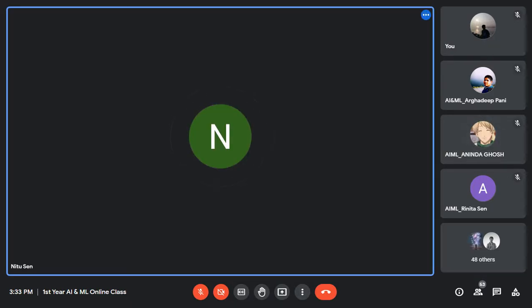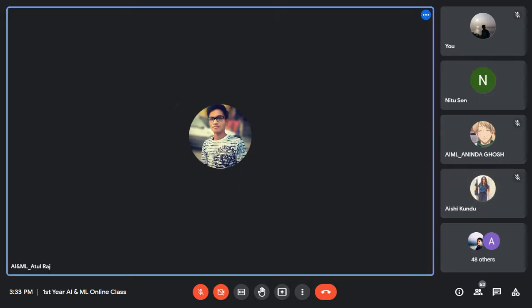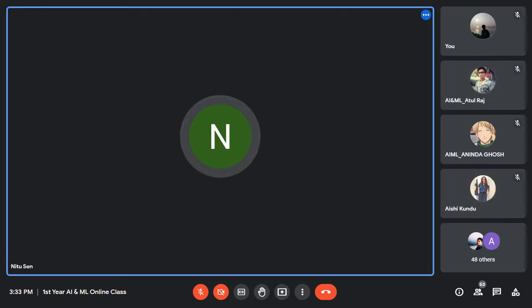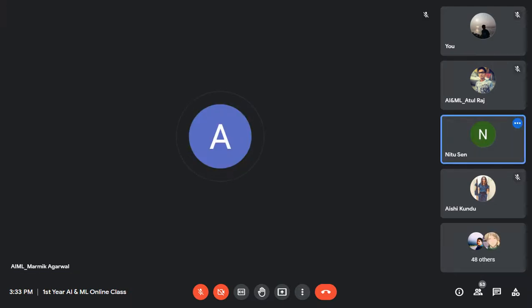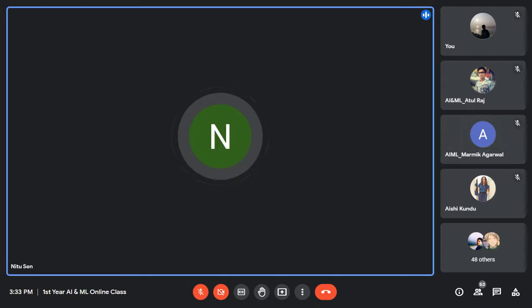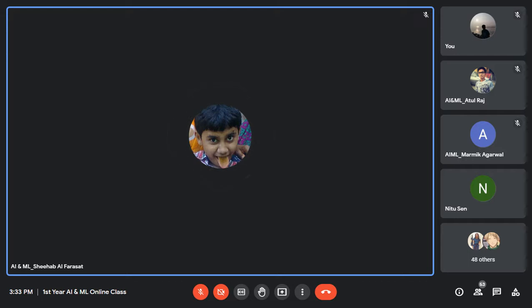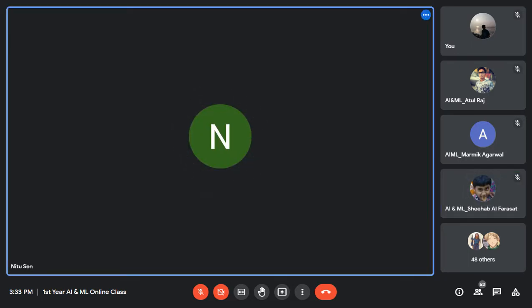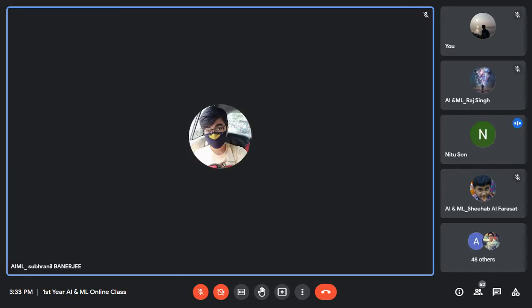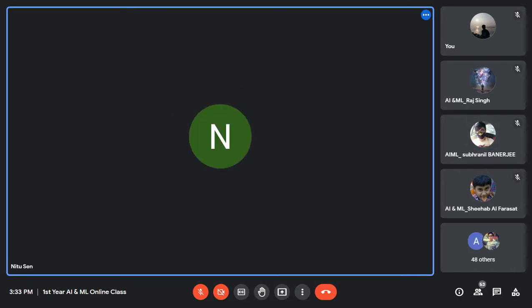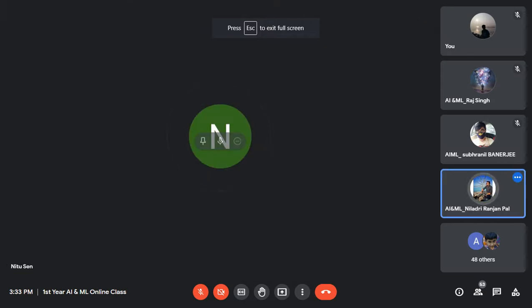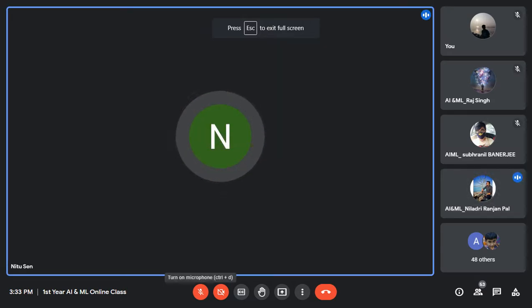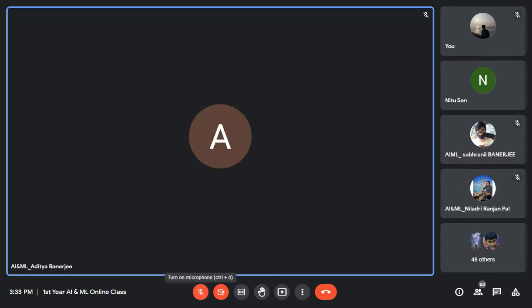Aishi Kundu, Atul Raj, Marmik Agrawal, present. Raj Singh, Shubhranil Banerjee, Niladri Ranjan Pal, Aditya Banerjee, present.